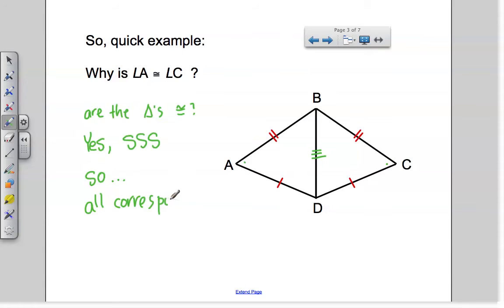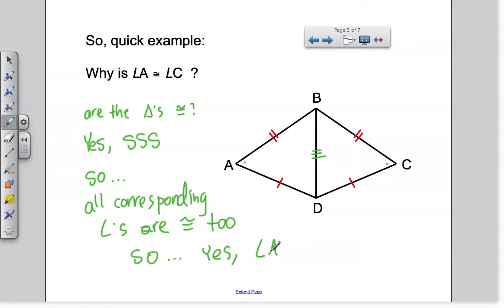That's what would allow me to say all the corresponding angles are congruent too, since the triangles are congruent. So, yes, angle A is congruent to angle C because these are some corresponding angles here.